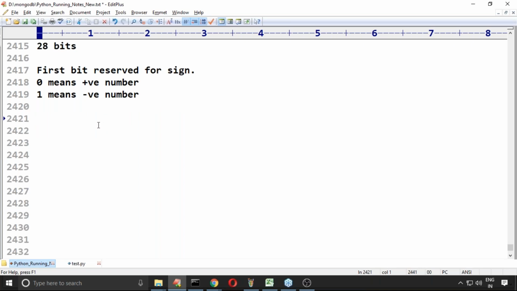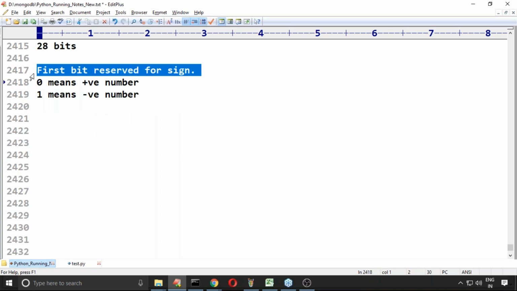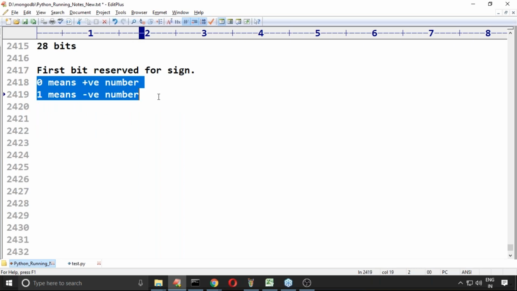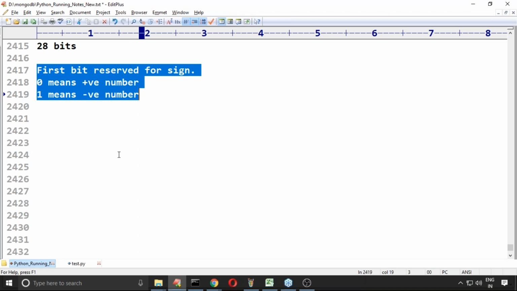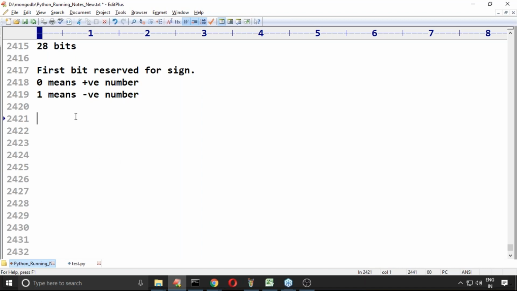Now here, the first bit is reserved for sign. 0 means positive number, 1 means negative number. Any doubt about this one? Please confirm. Hey, I told you it is a simple mathematics class. Is it clear, right? Now my question here is, observe that.